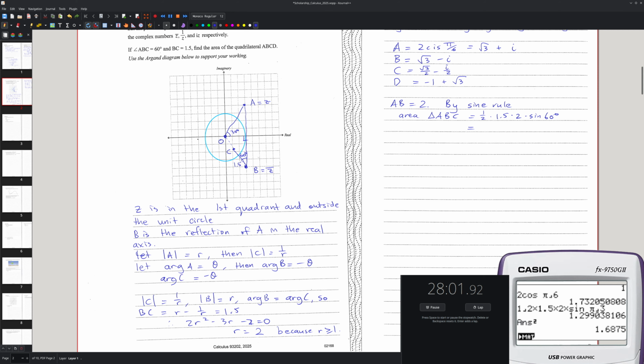Squared. 27 on 16. Square root of 27 on 16. So that's like 3 root 3 on 4?